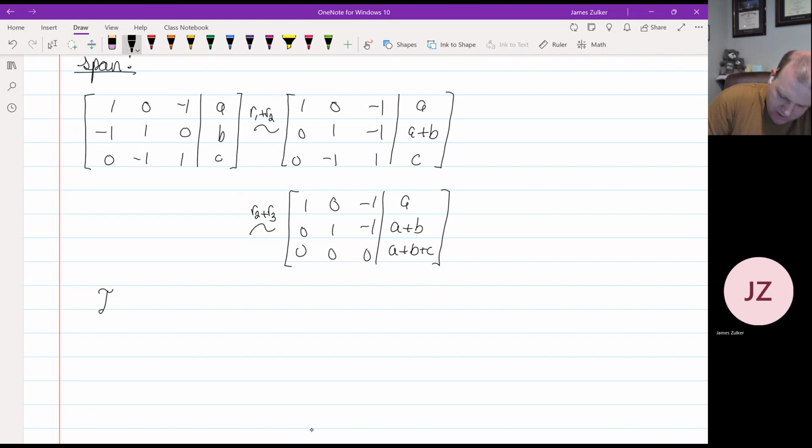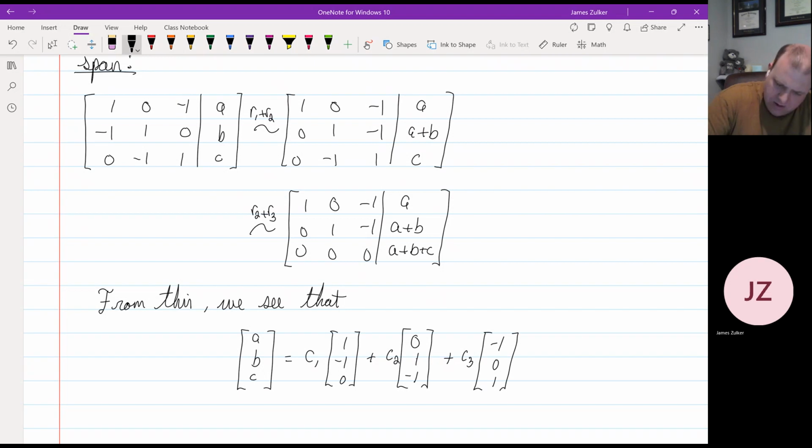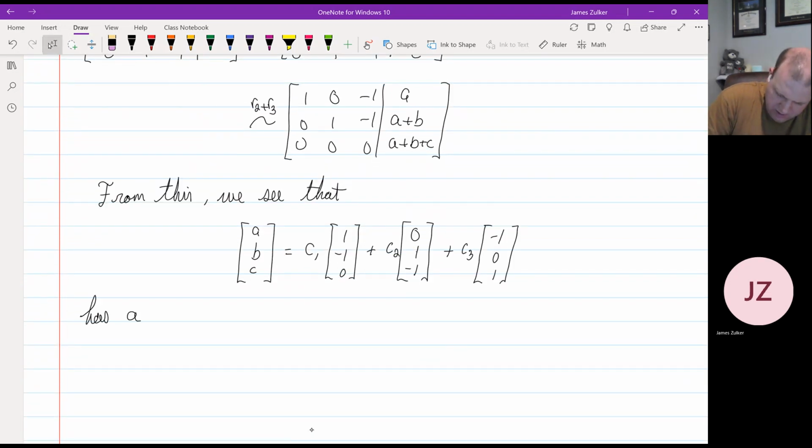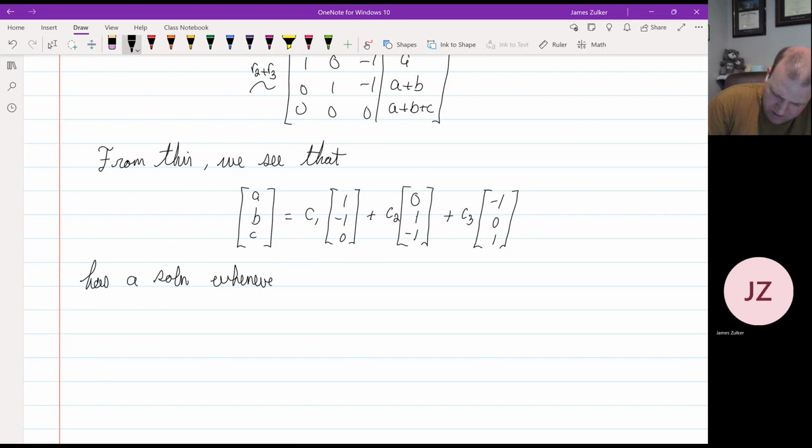From this matrix, what we see is that this system of equations has a solution whenever A plus B plus C is equal to 0.